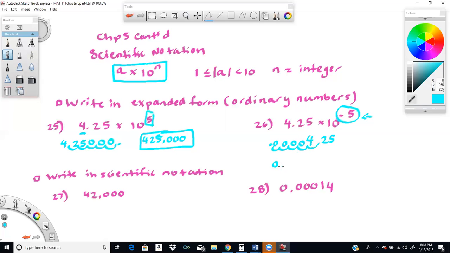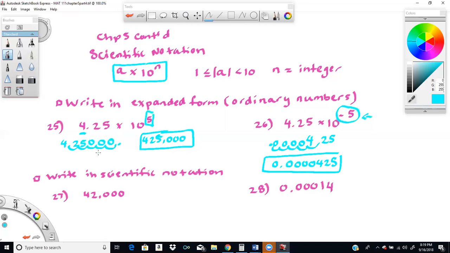Some put a 0 in front: 0.00004 25. If you notice, this is a positive 5, a big number. This is a negative 5, a small number. But if you're going to expanded form, your exponent tells you which direction to move your decimal point.